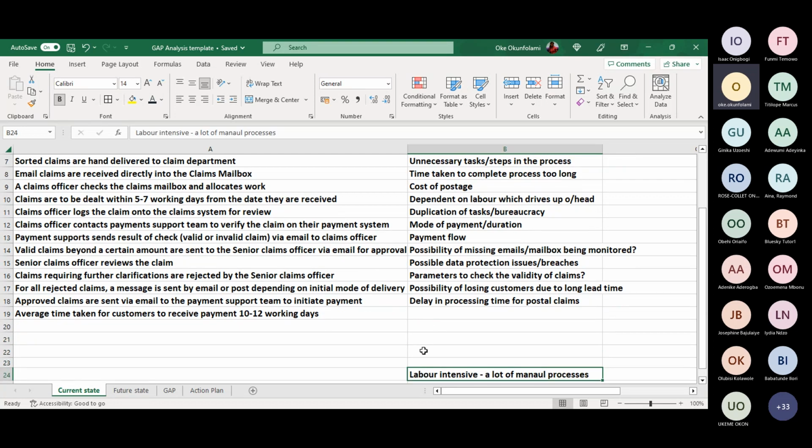Okay, so again, I think we mentioned this one as well: it's dependent on labor, which drives up overhead. So the same thing. I'll just say it's labor intensive and heavily manual. So maybe I should leave that one and just add it here.